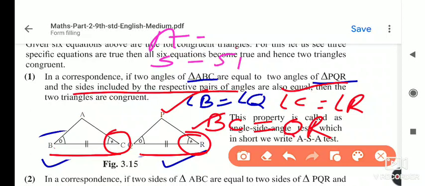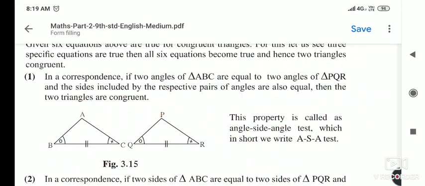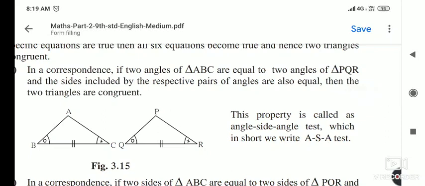So these two triangles are congruent by which test? A, S, A: angle, side, angle test.